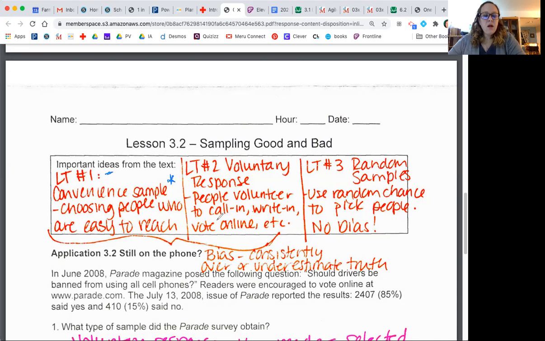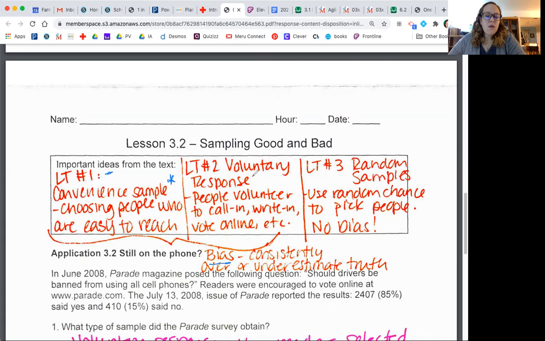Typically, with convenient sampling, we see a lot of bias, and we'll talk about that more in just a second. We saw in our activity convenient sampling by looking at words that our eyes were drawn to, and our eyes are drawn to longer words.